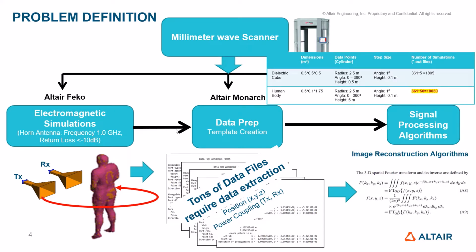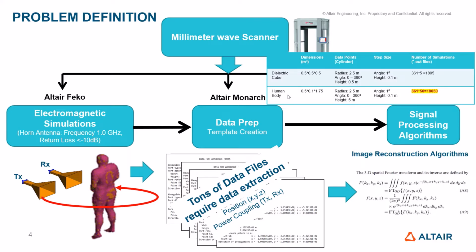Let us assume a simple dielectric cube, a small cube of dimensions 0.5 by 0.5 by 0.5. I have a radius of 2.5 meters, angle 0 to 360 degrees, and height of 0.5 meters. If I consider an angle resolution of 1 degree and a height step of 0.1 meter, we will have 1805 simulation files that need to be worked on for a simple dielectric cube.